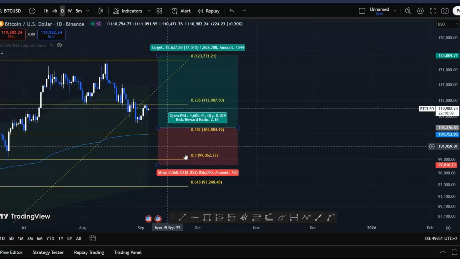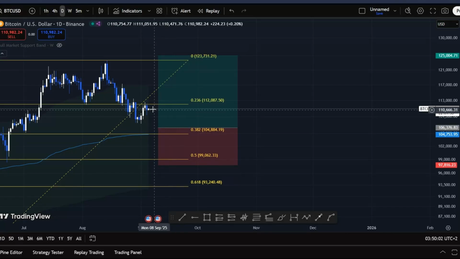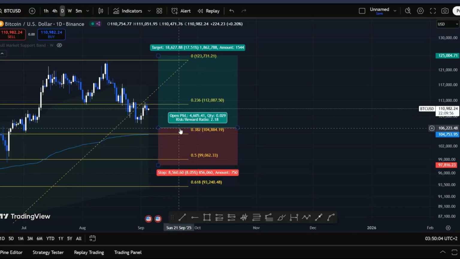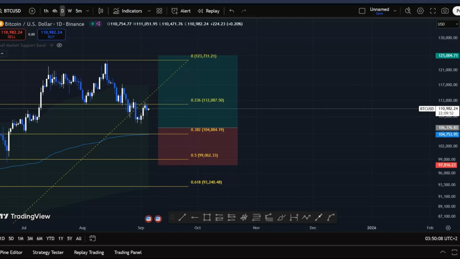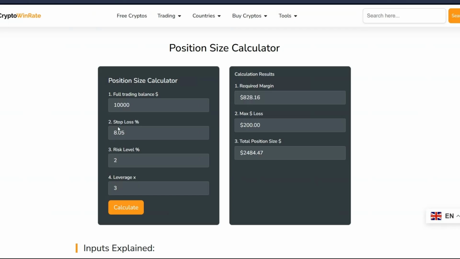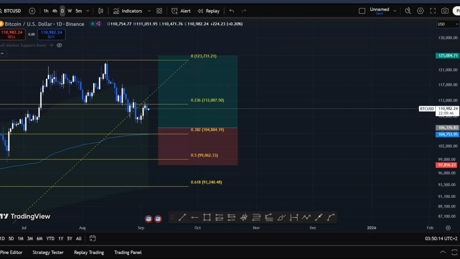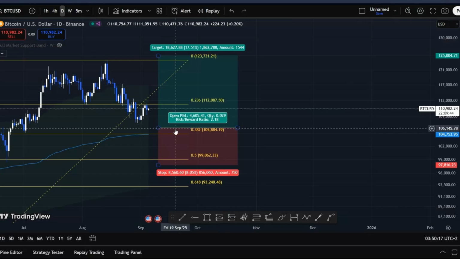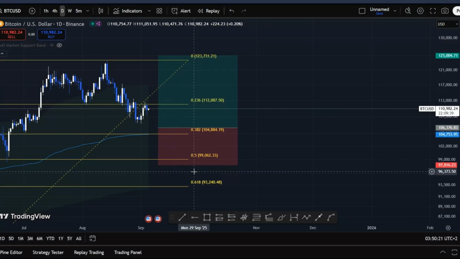That means that since I am not entering my position at this price, and there's some money waiting to be matched at these prices from here to 100,000, if by any chance the price of Bitcoin really goes down and hits my liquidation price, I am not going to lose 2%. I would lose 2% if I put all my entrance here. If all my money was at the entrance and the price goes against me, I will lose 2%.